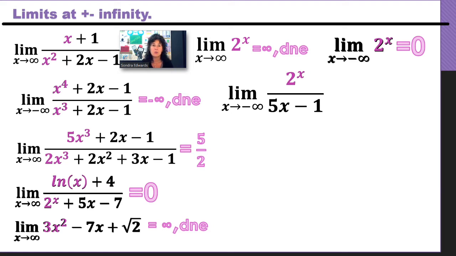Substituting in negative 1, negative 2, negative 3, negative 4, that 2 to the x is going to 0, right? Because 2 to the negative 1 is 1/2. 2 to the negative 2 is 1/4. So the numerator is heading to 0.